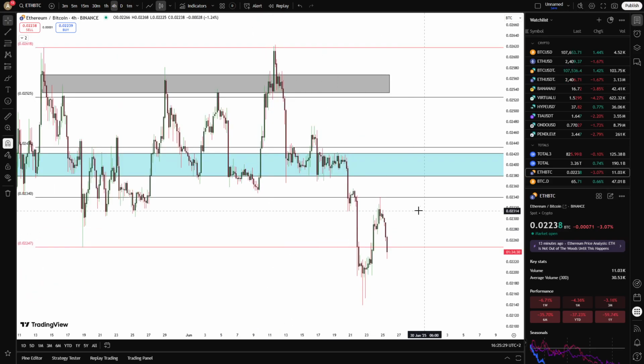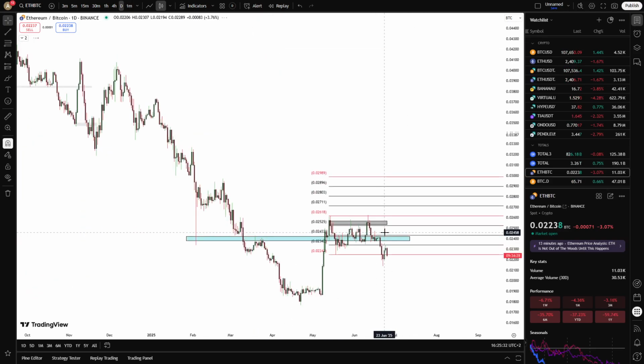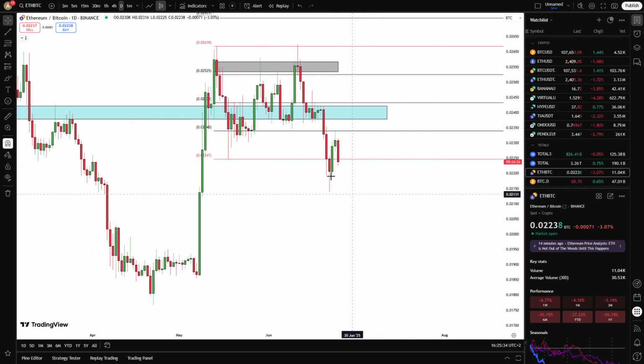For ETH/BTC, I like to see these range lows hold, otherwise I'm just really not that bullish. But for this, it's still looking quite decent, and we should know that below that 0.5 level is your area to buy. Within here, you really don't want to be doing anything. If we see a rejection from here, there is a way to play it.